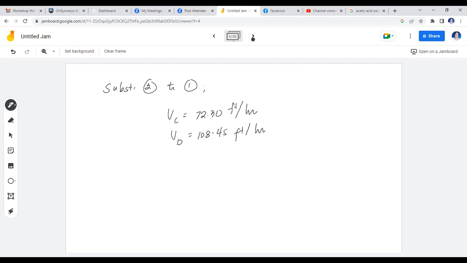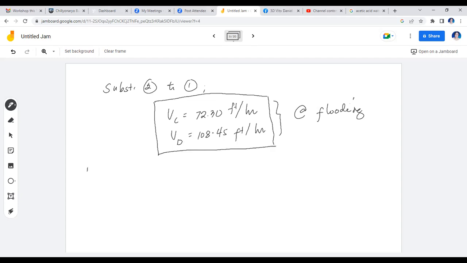These are the linear velocities of the continuous and dispersed phases at flooding, meaning at these linear velocities, your column is flooded. So this is already the answer for letter A, the flooding velocities.